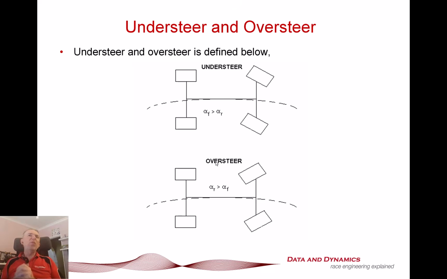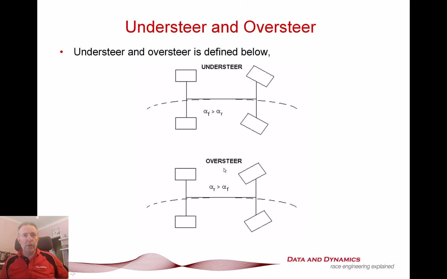Now, when we talk about understeer and oversteer, this is again one of these concepts that we in automotive have made a bit of a porridge of. But again, it's well worth defining what we're talking about here. When a car is understeering, typically the front slip angle is greater than the rear slip angle.